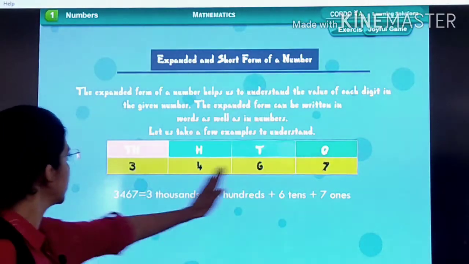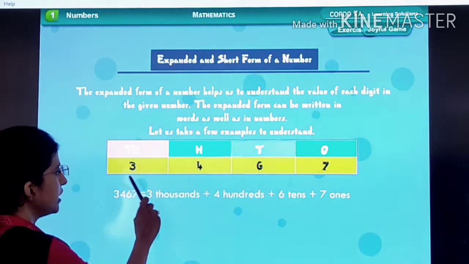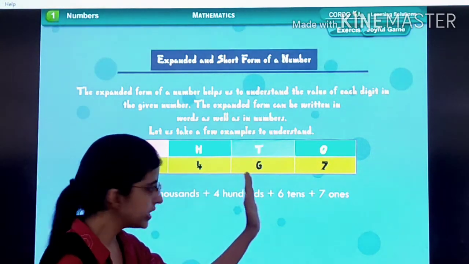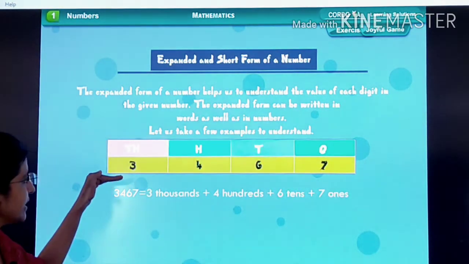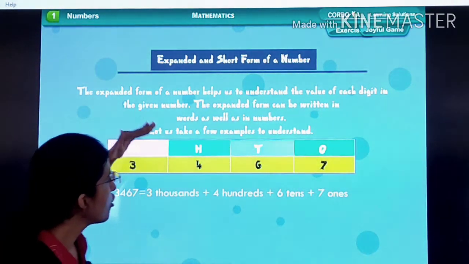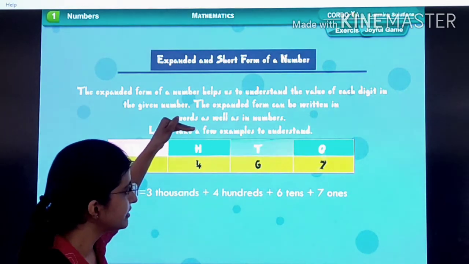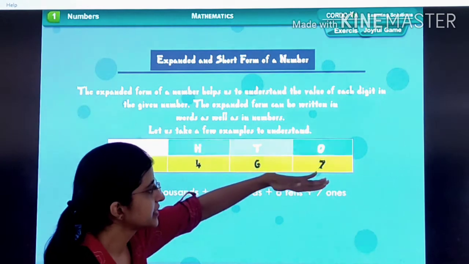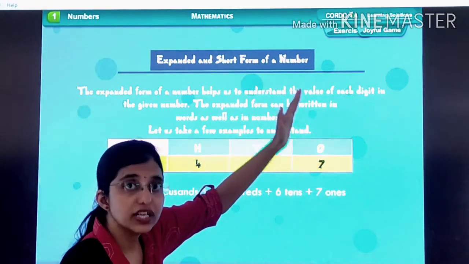See, this is a number, 3467. 3 is present at thousands place, 4 is present at hundreds place, 6 is present at tens place, 7 is present at ones place.